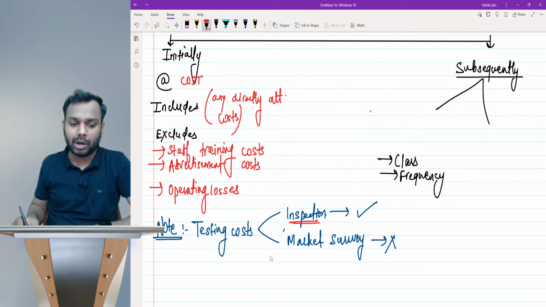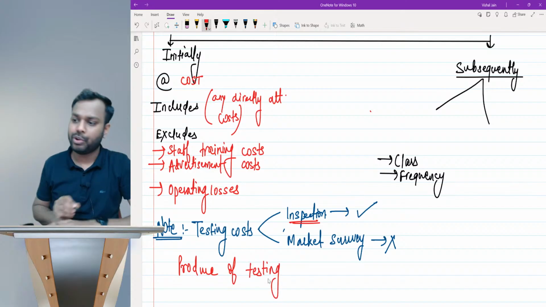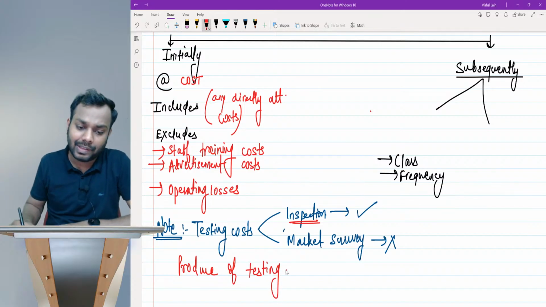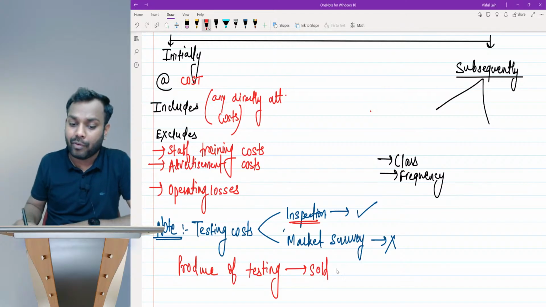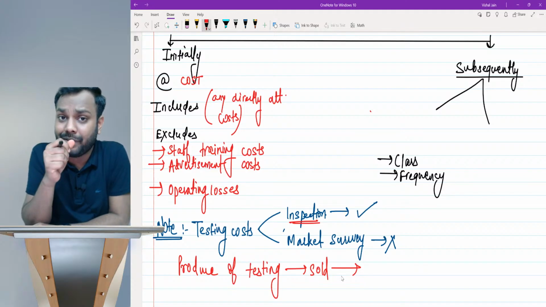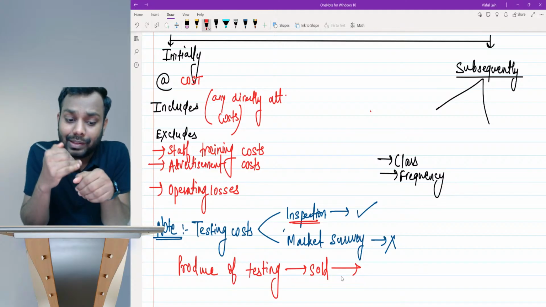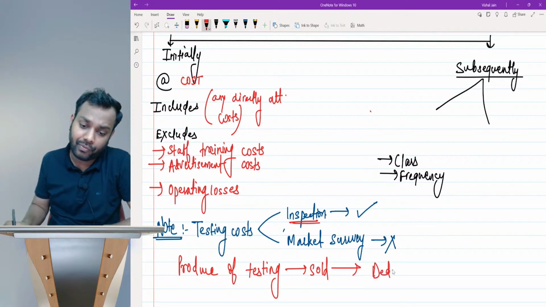So, produce of testing. This can be sold in the market. And what I told in the class was, when this is sold in the market and the amount is received, you can deduct this amount from the cost.